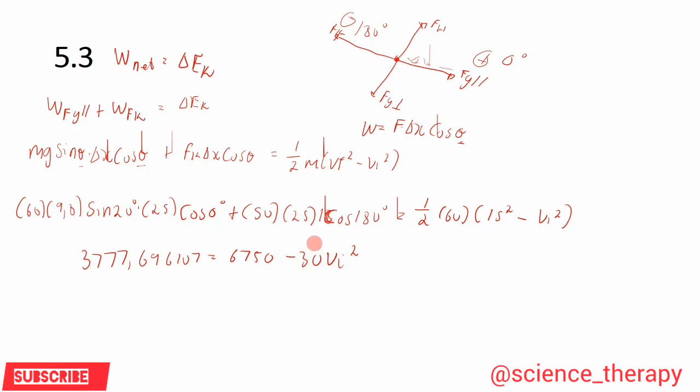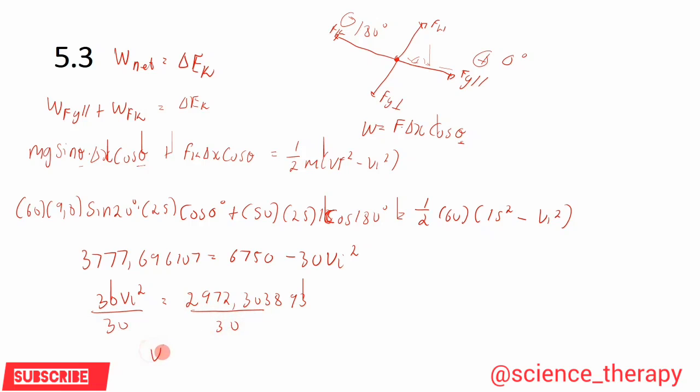Then if we have this, we can just take this 30 to the left hand side. So we have 30 VI squared, and then we take all this to the other side, so 6,750 minus all that. We want to have 2,972.303893. Then at this point we can just divide both sides by 30.